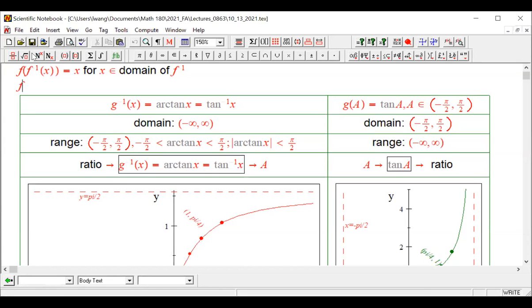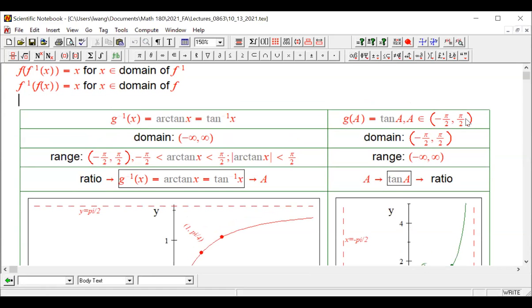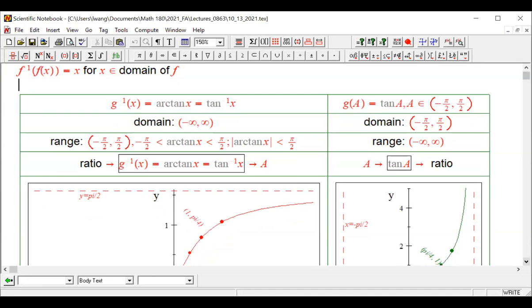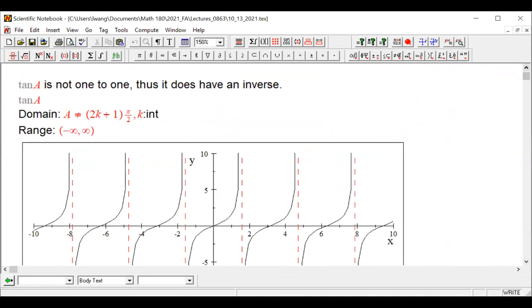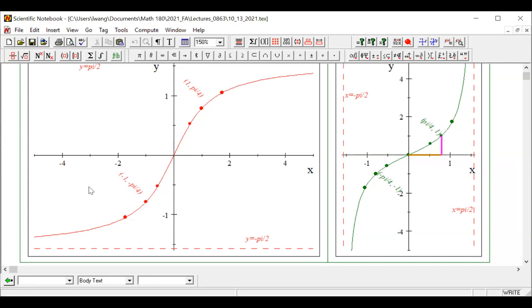And the other one is F of F inverse of x equals x, the composition, for x in the domain of F. So this also works for G as we have studied here. We got this curve, we get that curve.